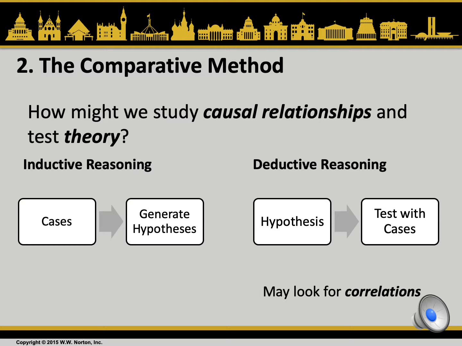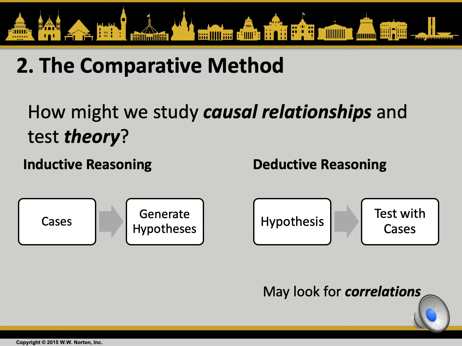The first is inductive reasoning, where the analyst begins with a large number of cases, analyzes them, and identifies a general trend or theme on which he or she can base a hypothesis. Whereas deductive reasoning begins with the hypothesis and then tests it by applying it to various test cases.